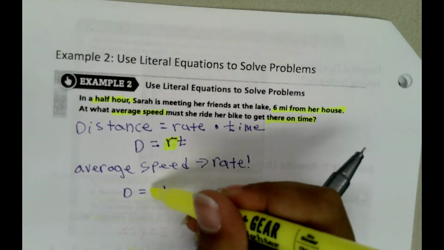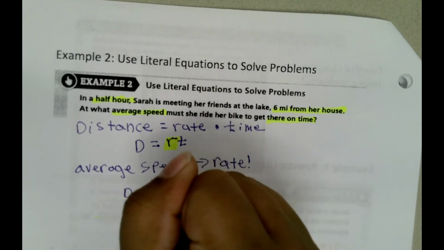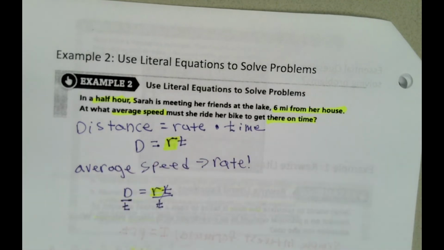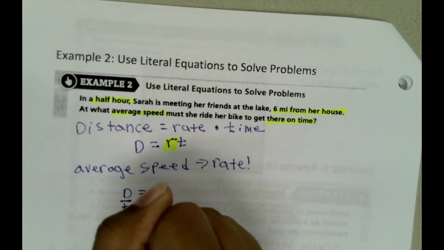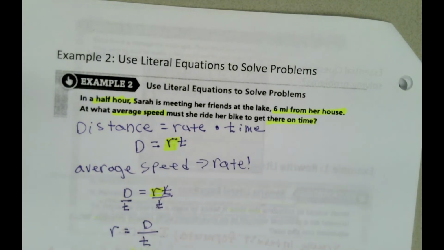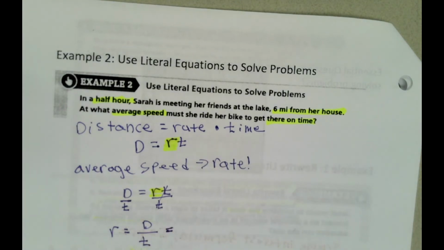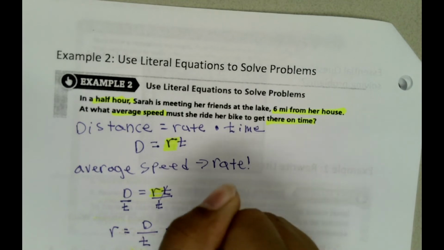Well, guess what? We know what our distance is, and we know what our time is. What's our distance? Our distance is 6 miles. What's our time? Well, it says a half an hour. We usually do things in miles per hour, so we're going to write 0.5 hours. So now, if you type that in your calculator, you will get 12 miles per hour.